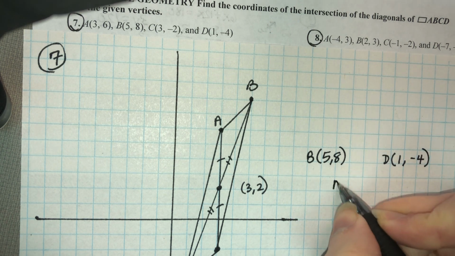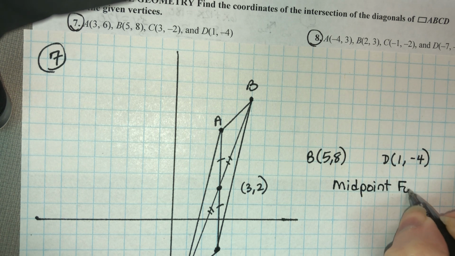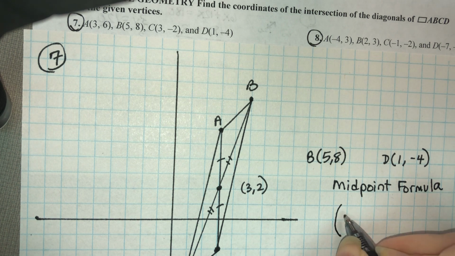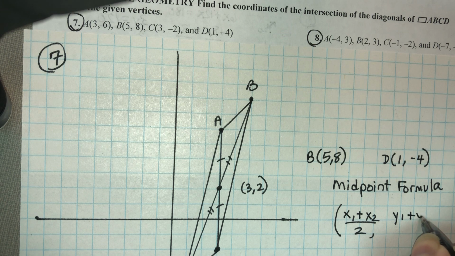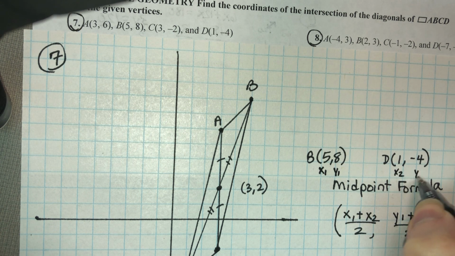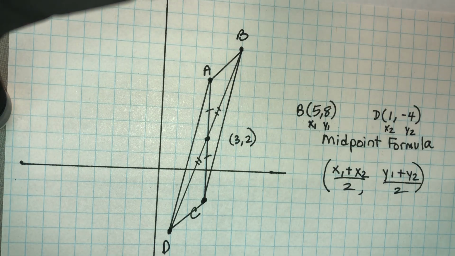So we'll use the midpoint formula, which we learned earlier this year. And it's also on your geometry formula chart. X1 plus X2 divided by 2, Y1 plus Y2 divided by 2. So we start by labeling our points, X1, Y1, X2, Y2. We always label them the same way. And then we'll fill in our numbers to the formula.